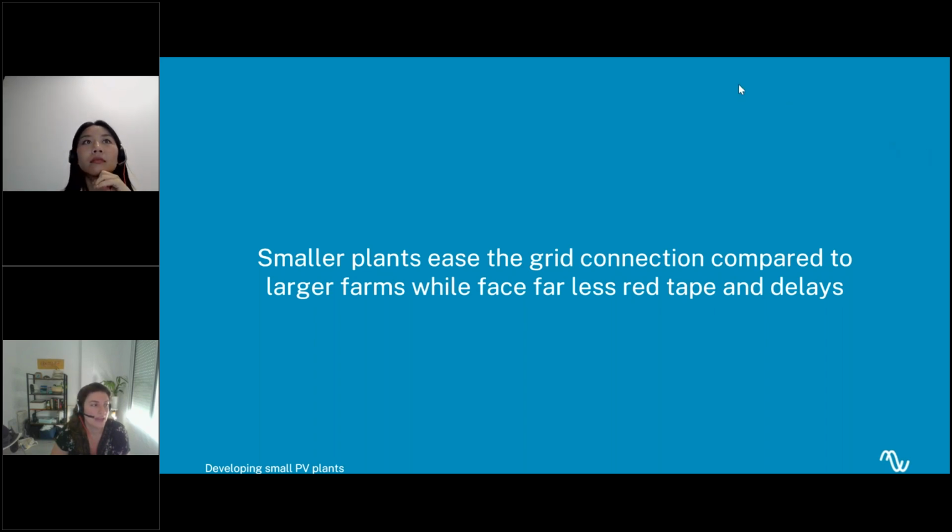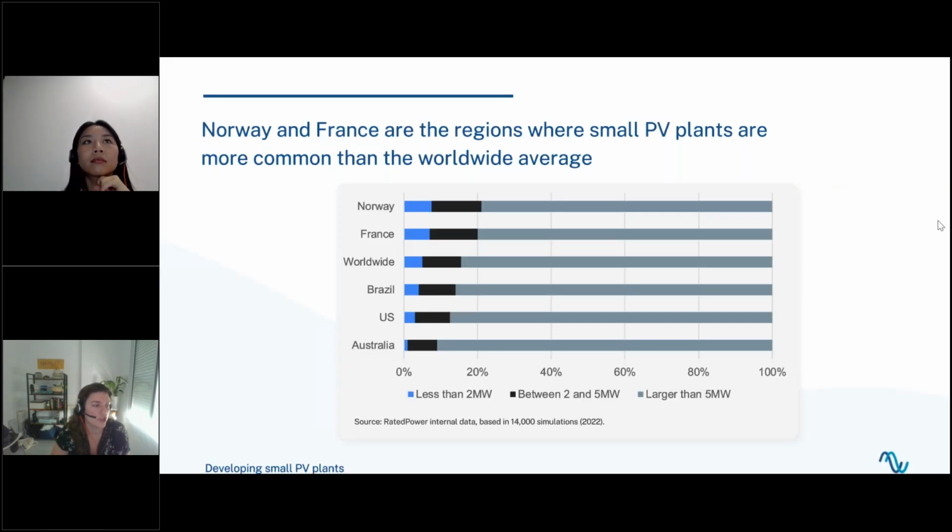So having said that, let me go ahead and show you some statistics that we pulled out from pvDesign, also to back up this notion, right? What we can see is that we studied all of those projects that were done below 2 megawatts and also between 2 to 5 megawatts.